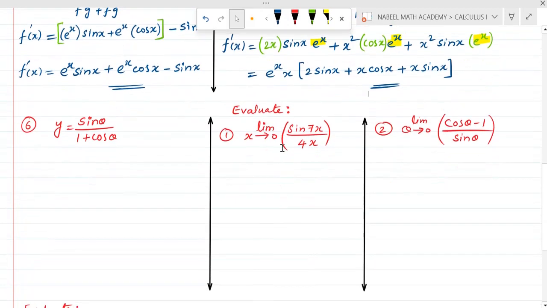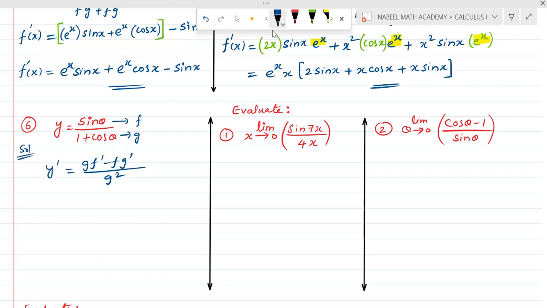Now the next rule here. So quotient. So here it is f over g, but there are trigonometry functions. So this is f over g. So what is the rule we have? G square, g fixed, f prime, f fixed, g prime. This is the y prime. Now y prime is equal to the whole divided by 1 plus cosine theta whole square.